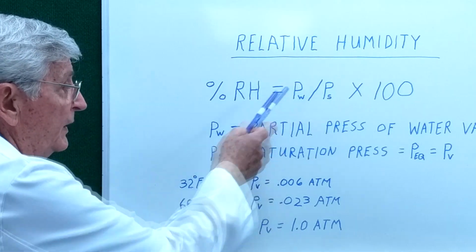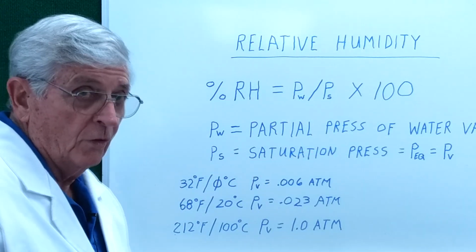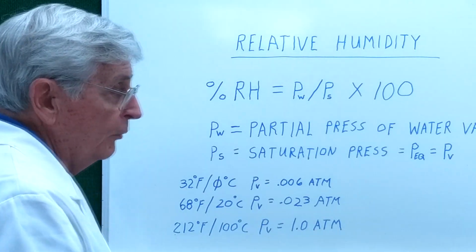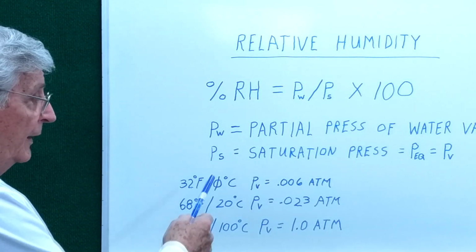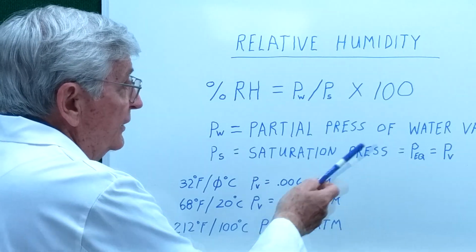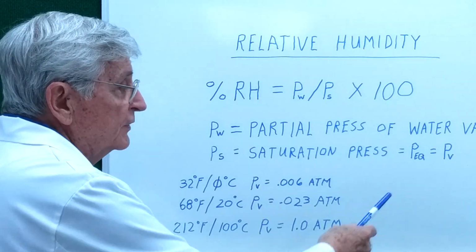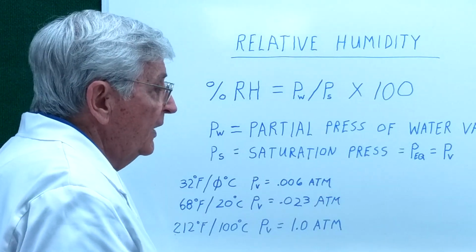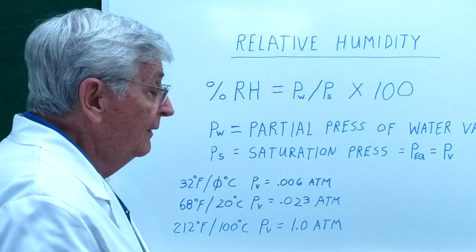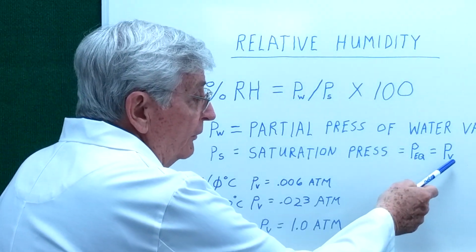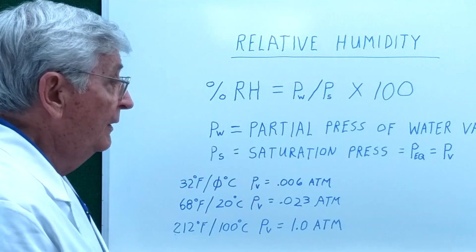And once again, P sub W is the partial pressure of the water vapor, and P sub S is the saturation pressure, which is sometimes called the equilibrium pressure and is sometimes called the vapor pressure.